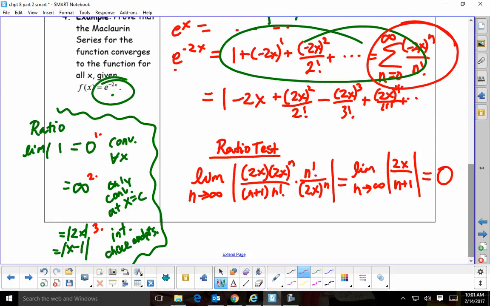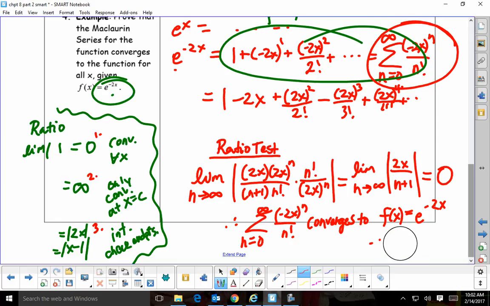So when the limit is 0, I can say that this series converges for all x. That's pretty cool. Not just everywhere.